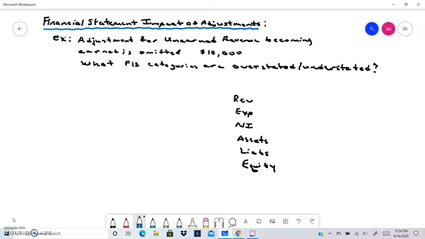So let's see what happens if we were to not make the adjustments. In this particular example, we're going to look to see if we were to not make the adjustment for unearned revenue, which becomes earned.